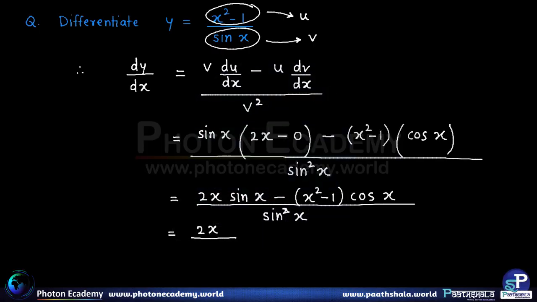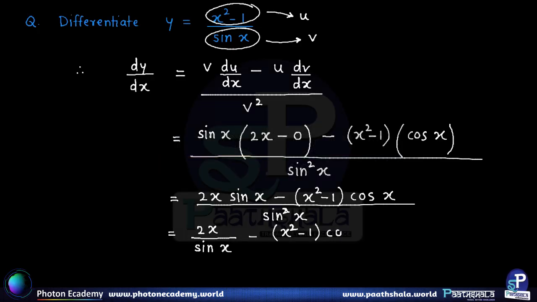So cancelling sin x from the first portion, we get 2x whole upon sin x minus x square minus 1 into cos x whole divided by sin square x. Right? So that is the required derivative.